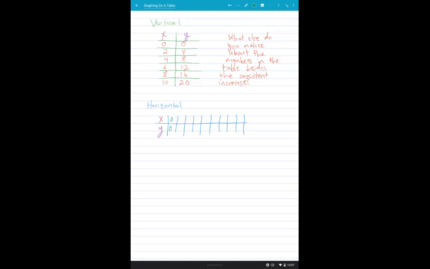That means in the orange area, x is equal to 0 and y is equal to 0 at the same time with the orange zeros. With the green zeros, x is equal to 0 and y is equal to 0. So we need that in a proportional relationship. But understand, there may be some times where it may not be visible. Now, with that being said, I can keep on increasing x by threes.